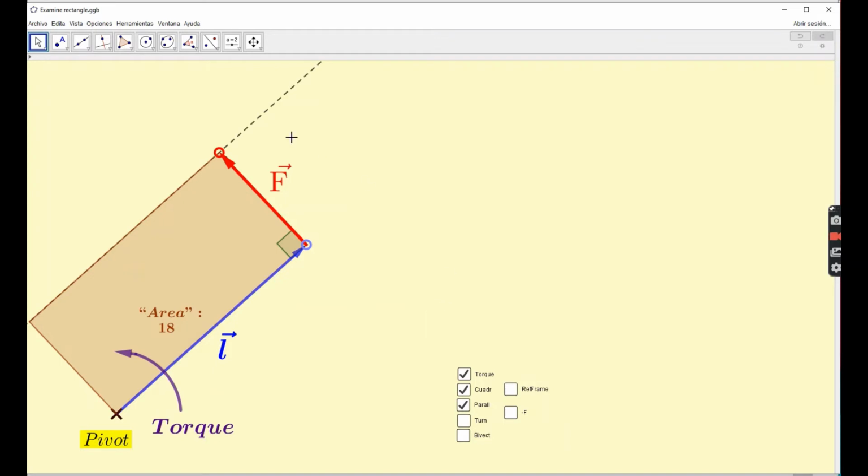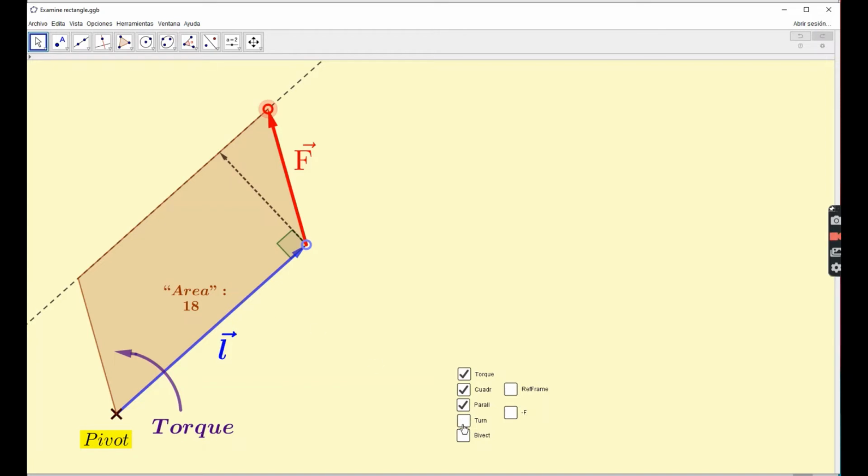But we also know, from the physical nature of torques, that any vector that has the same component perpendicular to L as the red vector is going to produce the same amount of torque about the pivot. So this tells us that we can't restrict this area to being a rectangle. In this case, at least, it's a parallelogram, but in any case, we can't endow these areas with the property of shape.